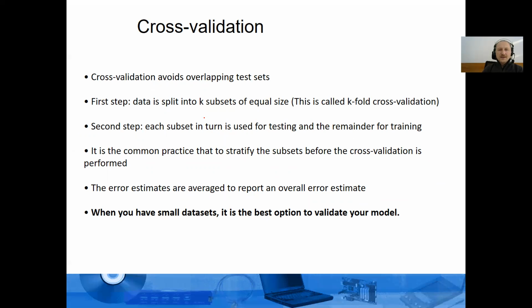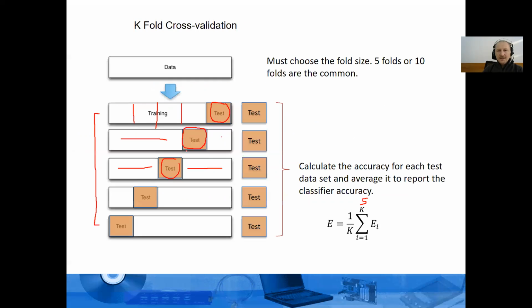What is the advantage of this one? It will avoid overlapping, because you are dividing your data at the beginning into 5 or 10 or any fold, and it is not overlapping. For example, if you use a part for testing, you are not using it for training. If you are using a part for training, you are not using it for testing.